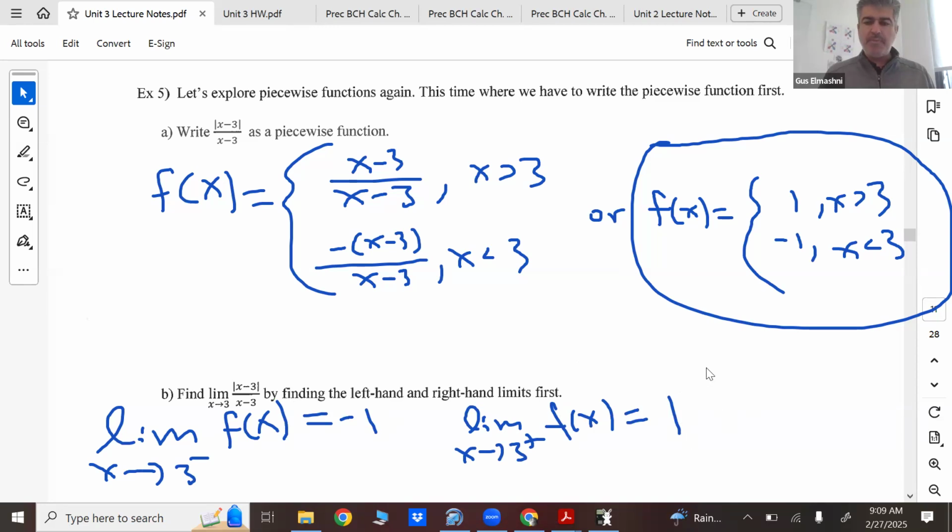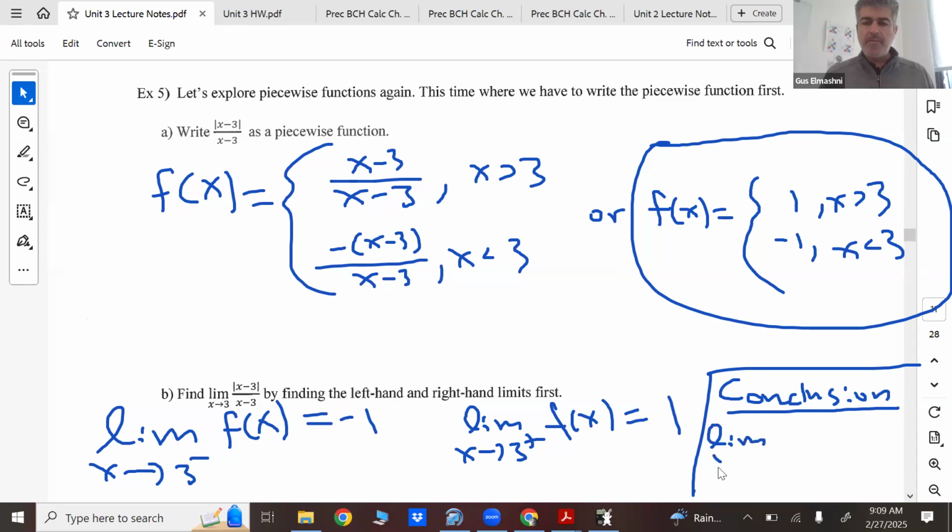So my conclusion: the limit does not exist because your LHL does not equal your RHL.